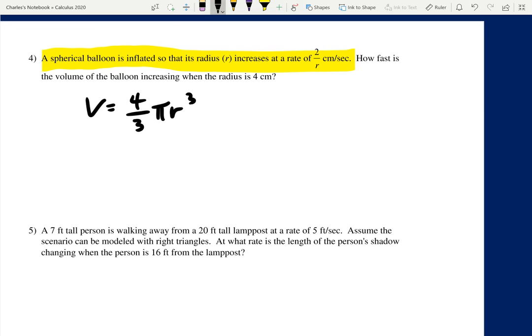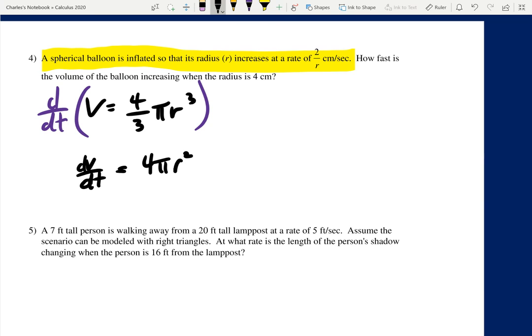Well, that formula is volume is equal to 4/3 pi r cubed. So now I want to know how that is changing with respect to time. And I get dV/dt is equal to 4 pi r squared times dr/dt.